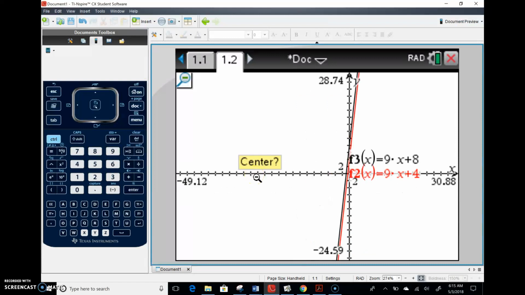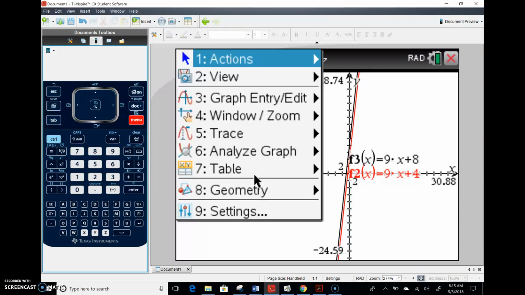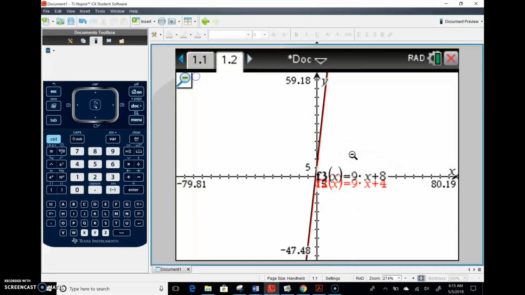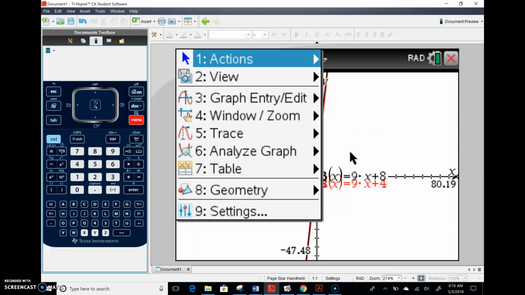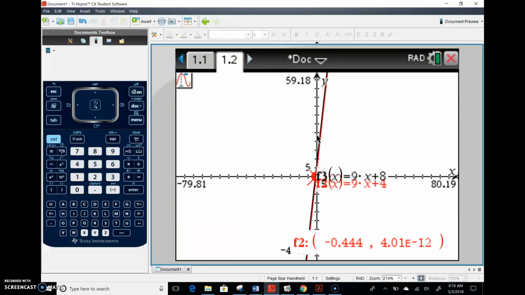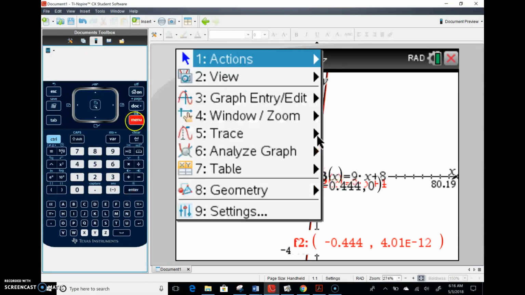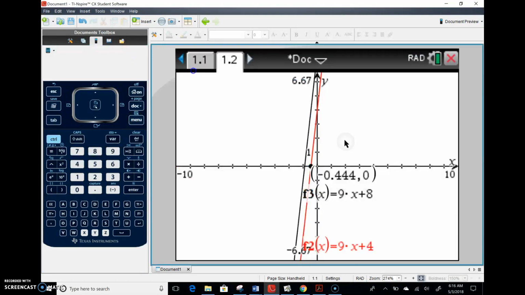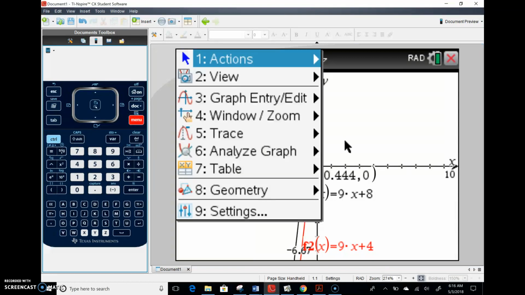Oops, I zoomed out too far. Let's go back to normal. Okay, let's do the graph trace.